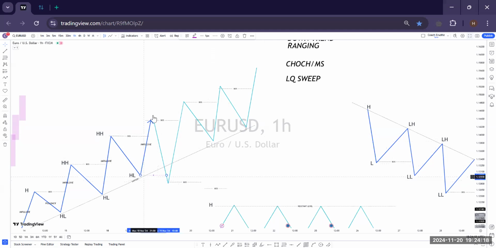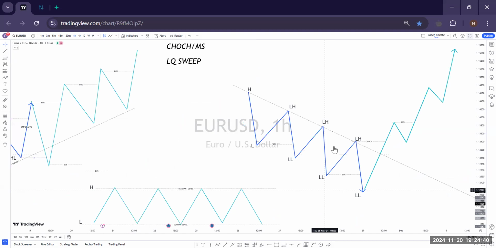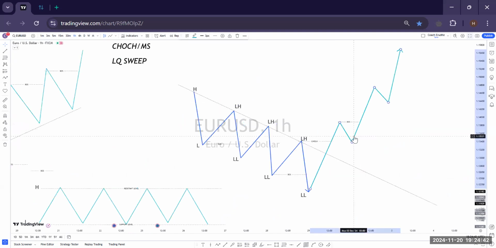Now, look at this. Price took the transactional liquidity, broke structure. Price was coming down, grabbed this liquidity, right? And took this higher low as liquidity and continued in its original direction. Same way to this.